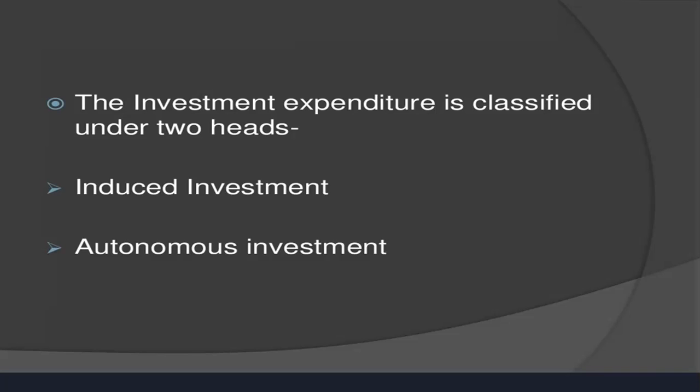When you are supplying things in the market, you will get revenue, and you will get profit. So that is why expenditure on these types of fixed assets is an investment. Now we can discuss induced investment.